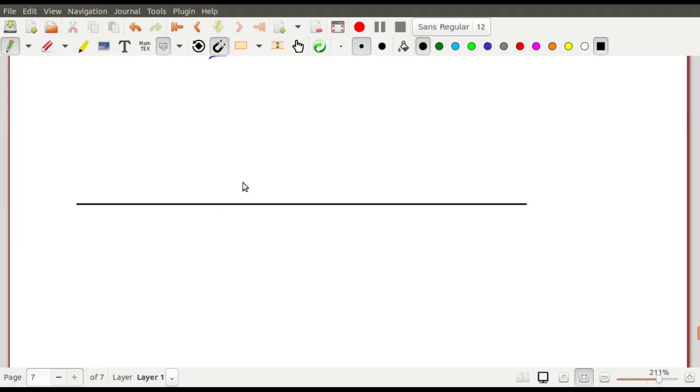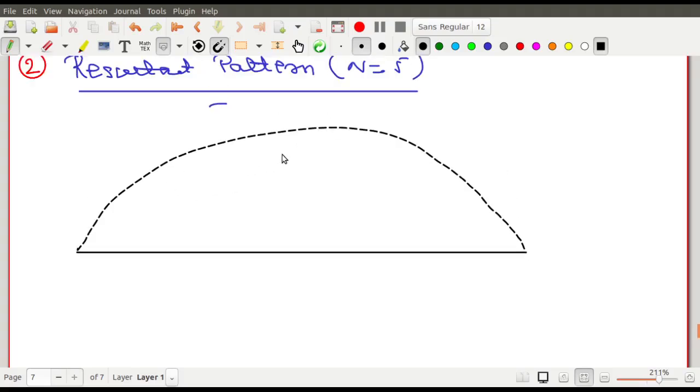So here I will take the central diffraction band. So this one is my central diffraction band, okay? That will be sufficient for your discussion. So this is my central diffraction band, right? So this band is my central diffraction band. এটা আমাদের হচ্ছে central diffraction band.